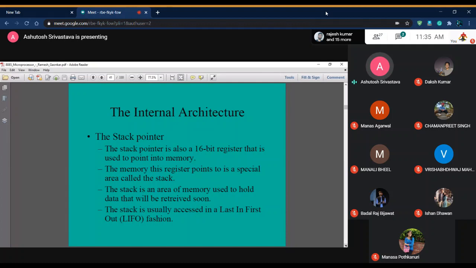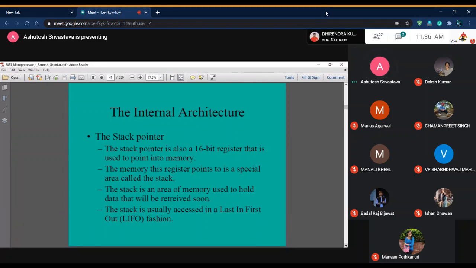So when we are talking about memory, we are talking about this RAM memory. The stack pointer points to a special area called the stack, and the stack is the area of memory used to hold the data that will be retrieved at a very short notice.